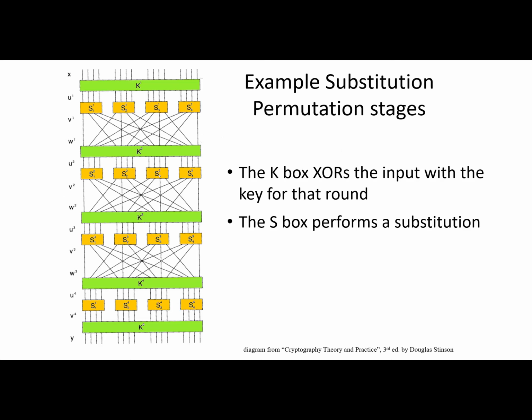Let's see if we can, oh, okay, there we are. You start at the top, and in this case, it's very simple. This is a textbook, 3 levels, but the green K boxes are exclusive ORs. Exclusive OR the bits coming in with the key. And then they have these little substitution boxes. Typically in a substitution permutation algorithm, you have separate substitution boxes that only have something like 4 or 6 bits coming in.